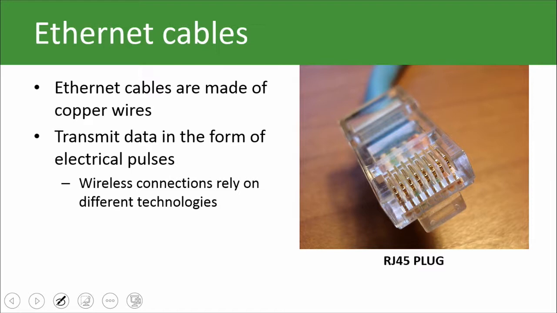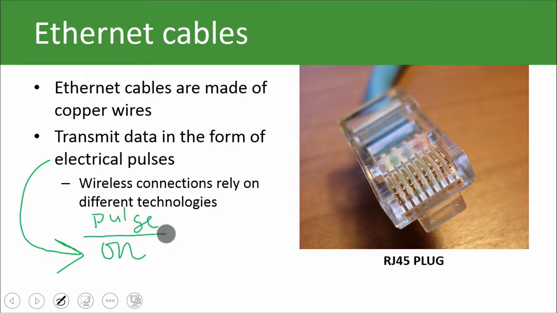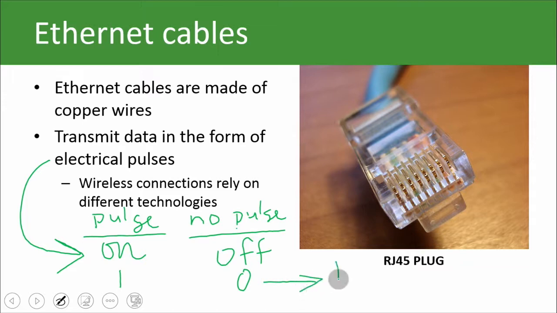You may have heard me mention binary data earlier, and if there's a pulse, it might represent a state called on, and let me write pulse here real fast, and if there is no pulse, then that represents a state called off, all right? We normally say a pulse would be represented by a 1, and then no pulse would be represented by a 0. And that is called binary.